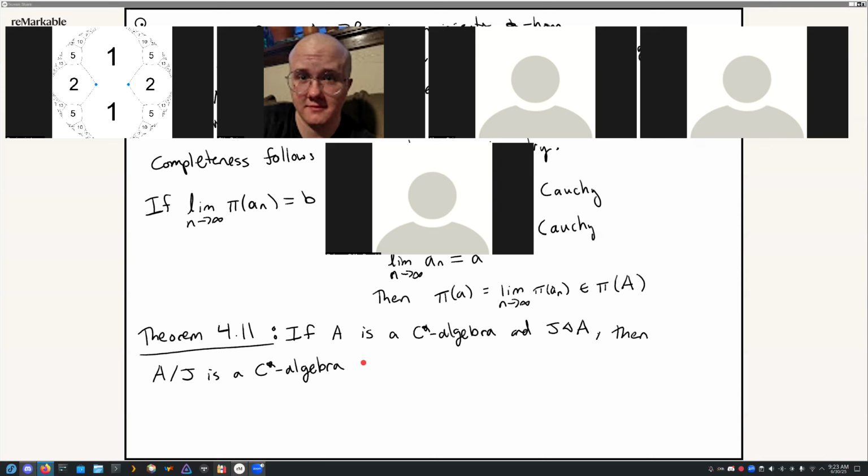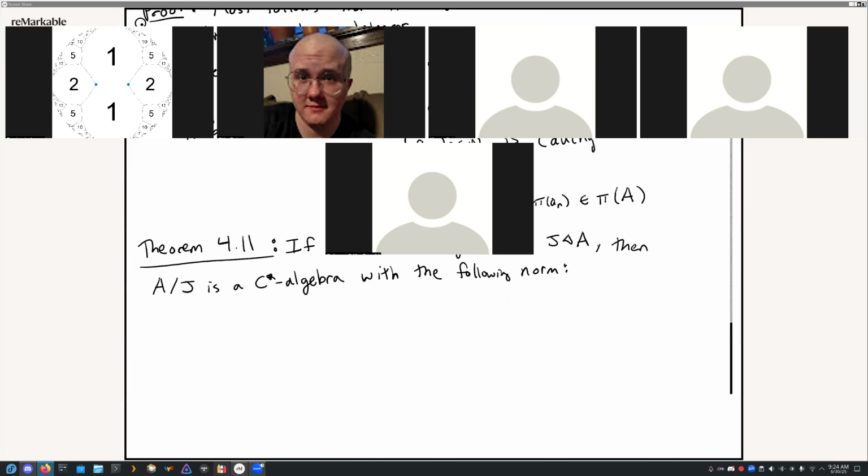And the norm on that C-star algebra is given by saying that the norm of the coset for some x is the infimum over all elements in your ideal of the norm of x plus that element.